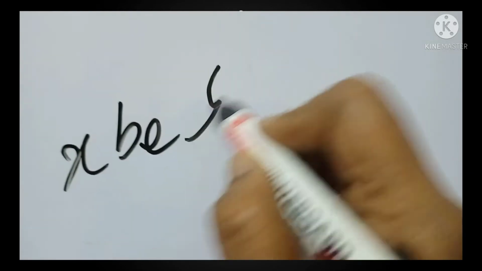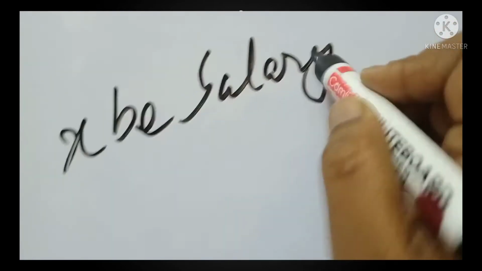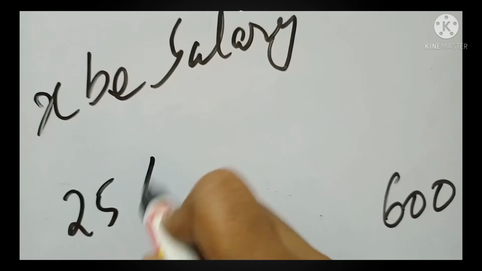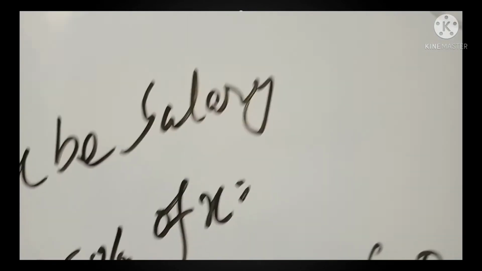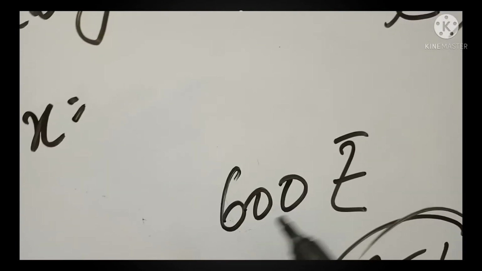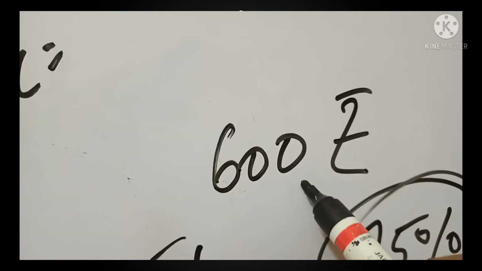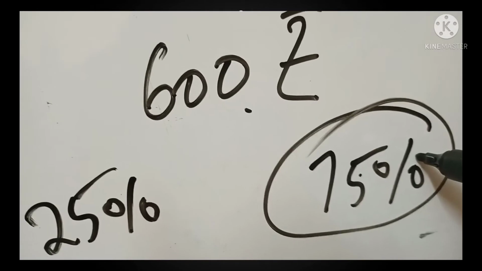Let x be the salary. Then 25% of x is equal to 600, since 600 was left after spending 75%.